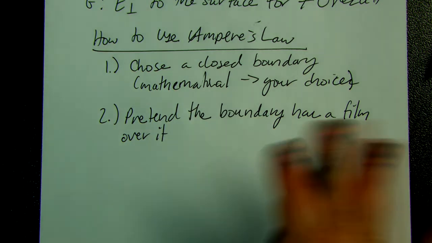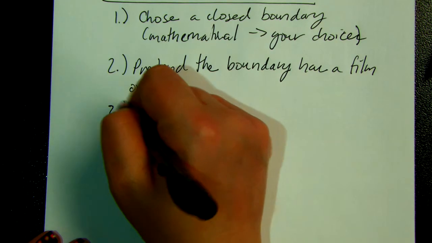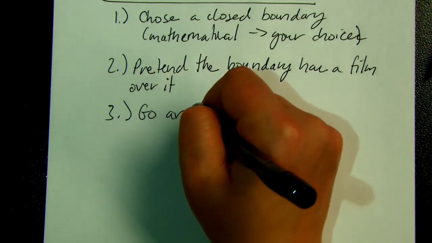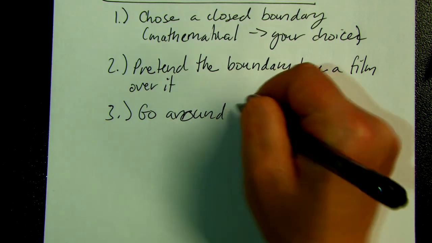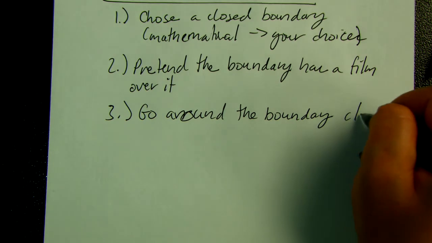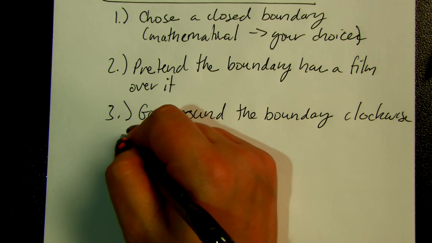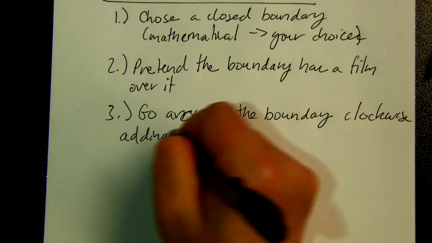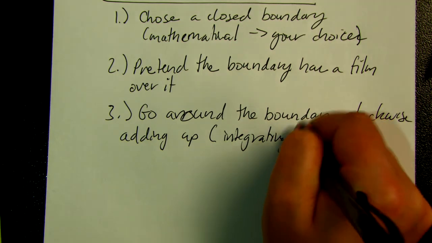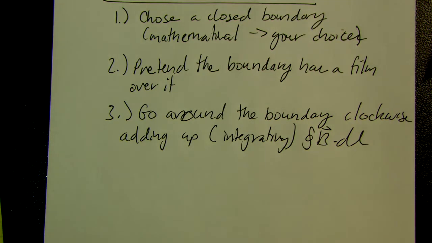Like a little bubble film or plastic wrap. And then go around the boundary clockwise, adding up B dot dl.